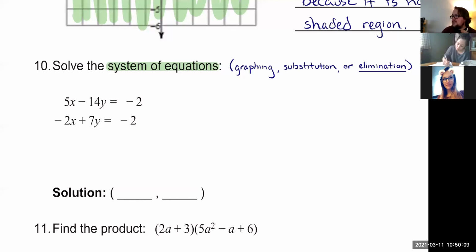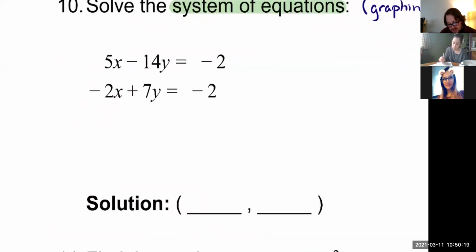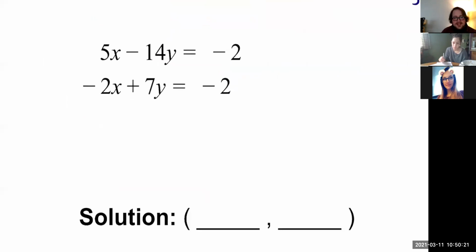But that's only half of what we need. We also need opposite coefficients on either the x's or the y's. Now, right off the bat, we do have the opposite signs, but they have to be exact opposites. Multiplication is our tool here. I think the bottom one times 2. Bottom one times 2. Talk me through your thought process.